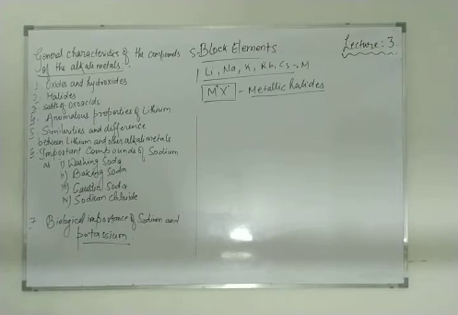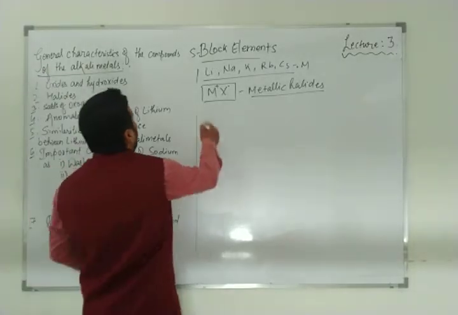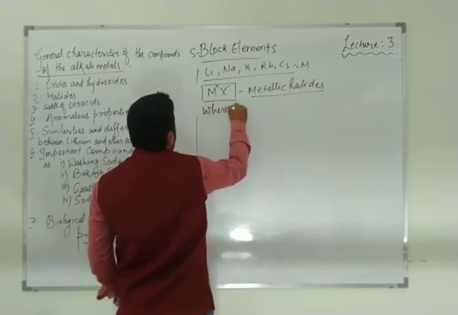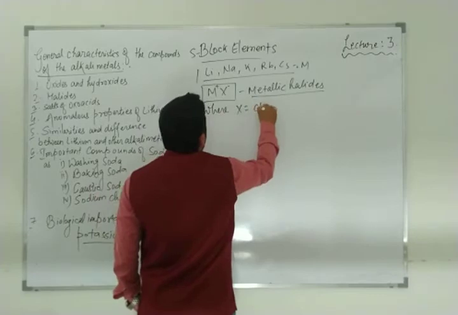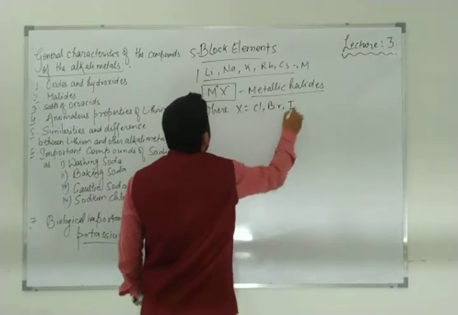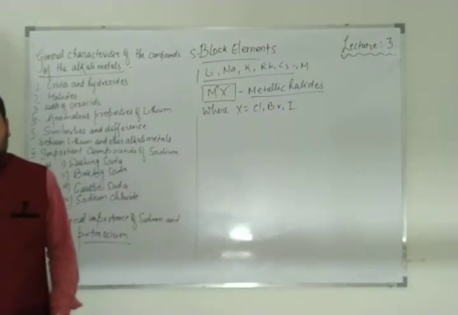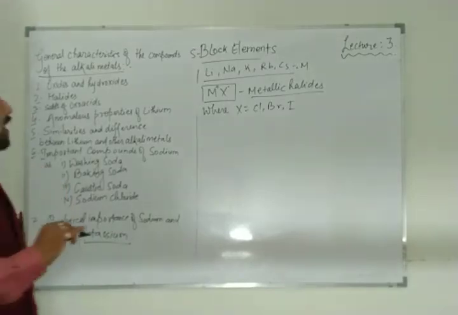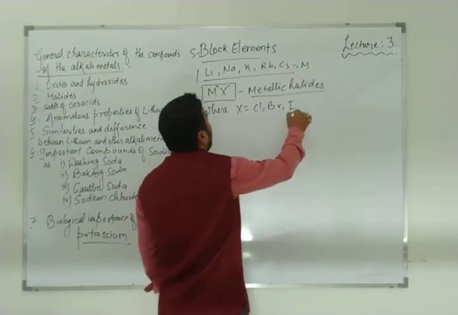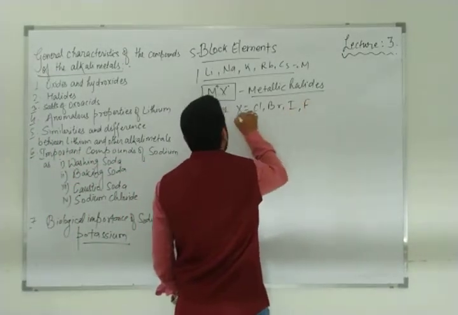They can be prepared by the reaction of appropriate oxides, hydroxides or carbonates with the aqueous hydrohalic acid, where X is fluorine, generally we start from chlorine, bromine, iodine. Somewhere fluorine also, so don't forget about fluorine. But because fluorine is highly electronegative, I am writing it at the last.